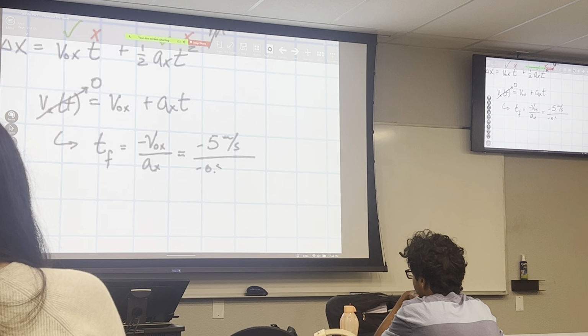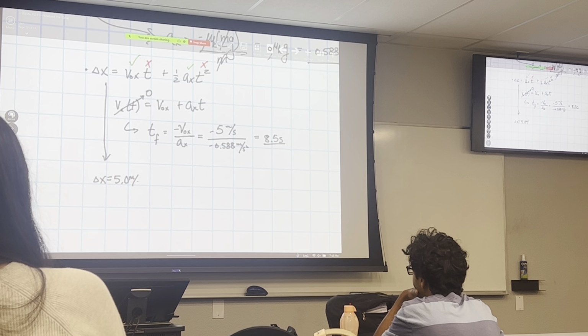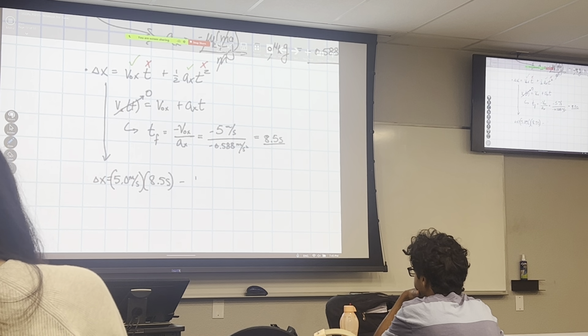Delta x is equal to 5.0 meters per second times 8.5 seconds plus 1/2 times negative 0.588 meters per second squared times 8.5 seconds squared. And this is going to equal 21.3 meters.